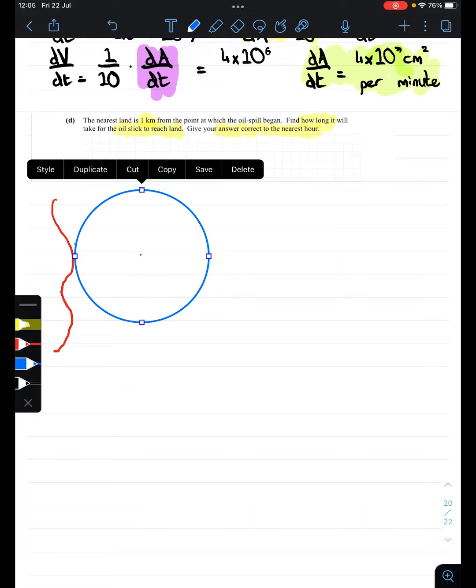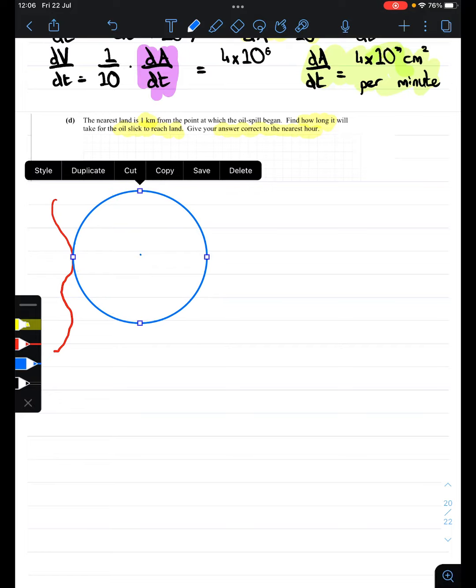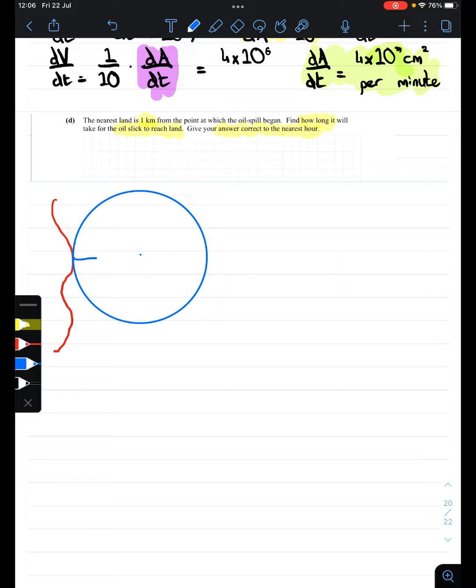And it has a radius. So this radius is 1 kilometer.